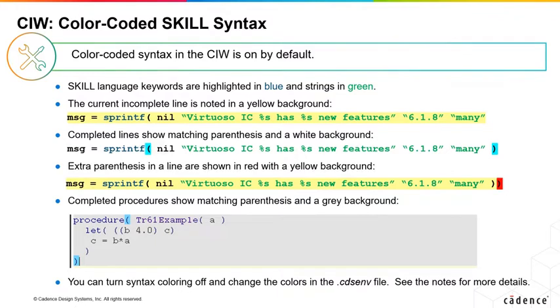Once you do complete the line, as we see in the next bullet, you'll see the matching parentheses highlighted left and right, and the background changes from yellow to white. Now if you are typing along and you do insert an extra parenthesis in the line, in this next example you can see that skill automatically highlights that in red, indicating to you that that is an extra parenthesis.